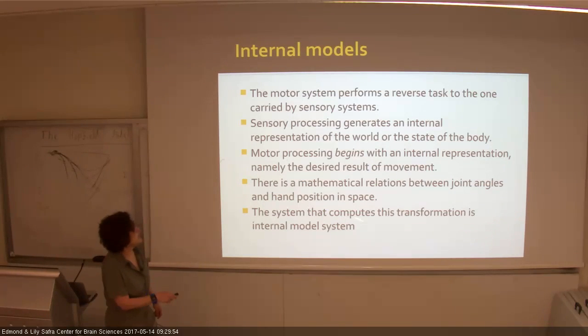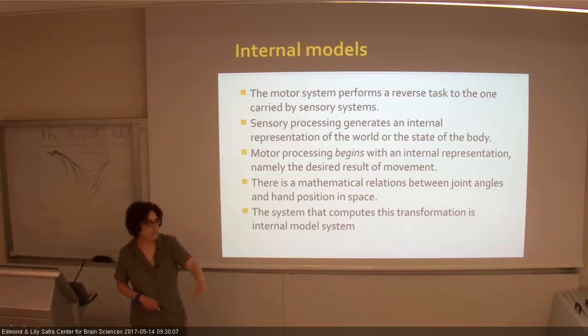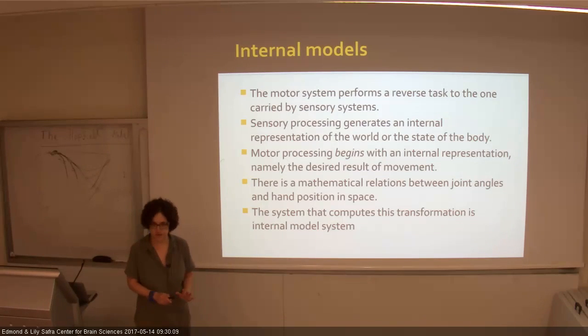Now we know that there is a mathematical relation between joint angles and position in space. And the system that computes this transformation between joint and position, we call an internal model system.